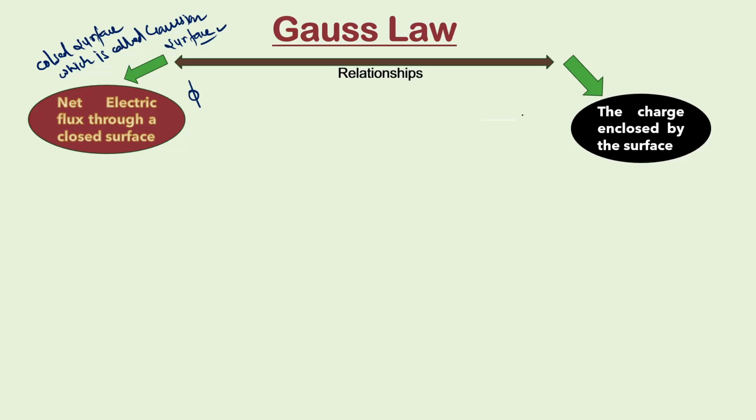So if we have a closed surface which encloses charge q, Gauss law gives the relation between the net electric flux coming out from this closed surface and the charge enclosed by it. It gives the relation between net flux and charge enclosed.